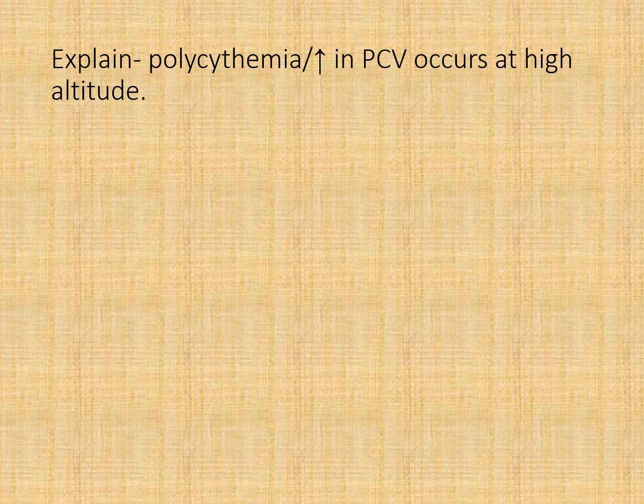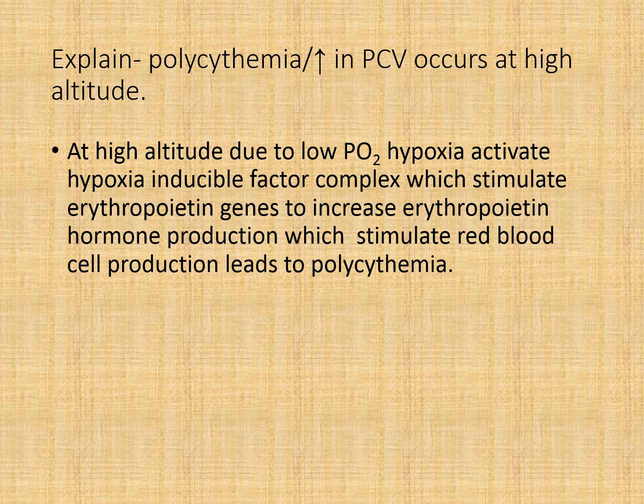Explain. Polycythemia occurs at high altitude, or increase in packed cell volume occurs at high altitude. At high altitude, due to low PO2, hypoxia develops, which activates hypoxia inducible factor complex. This HIF is present in all the species which depend on oxygen.